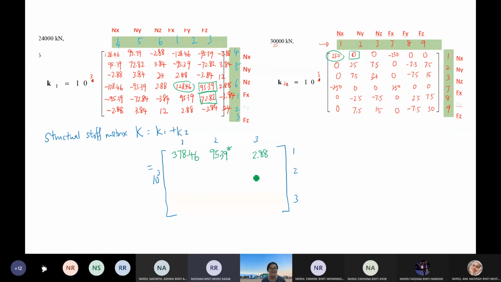Correct, 2.88. Okay, so let's look at row number 2 now. Row number 2, 1. I don't want to circle anymore, please. Maybe I put a star here. 2, 1 is here, 95.39, correct? Anyway, it is a mirror. Okay, so 2, 2 now. Put a double star. 75.32.